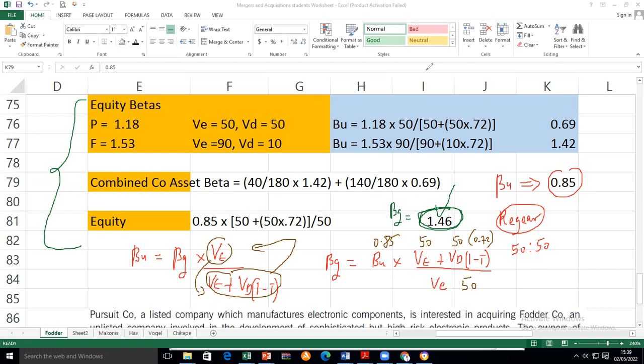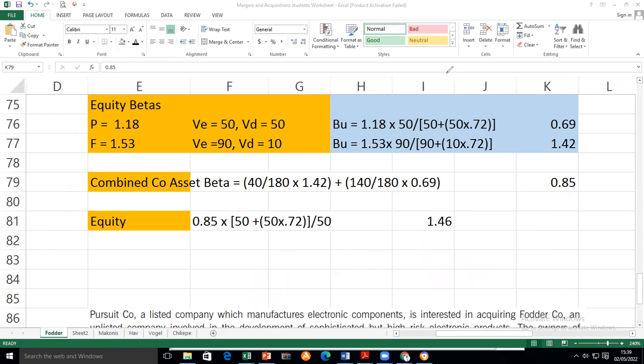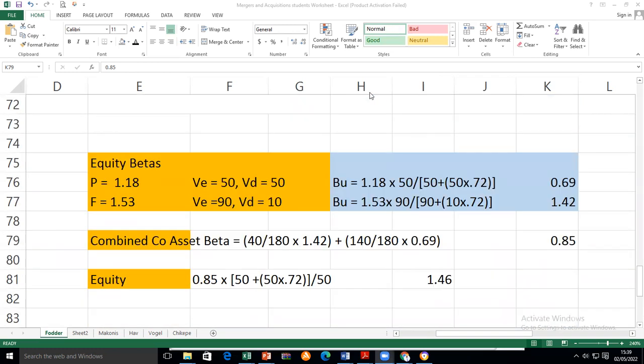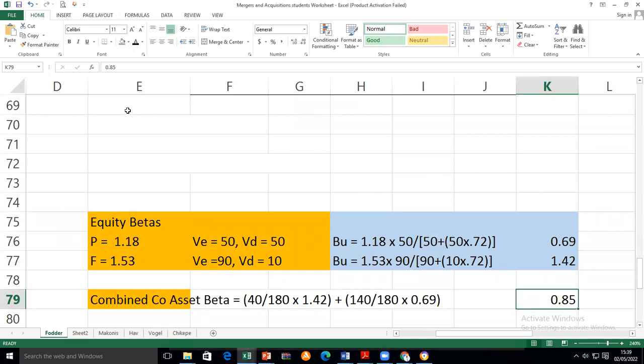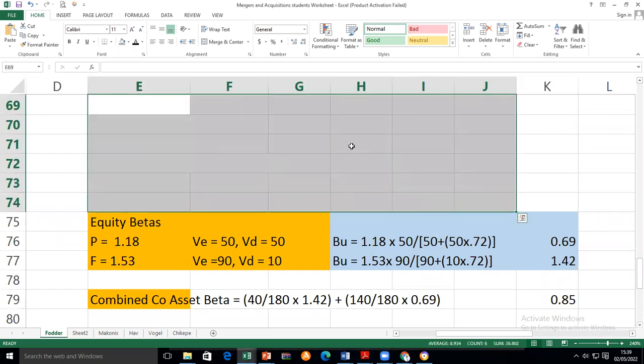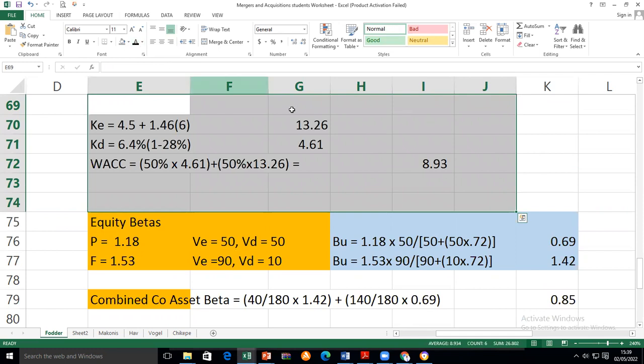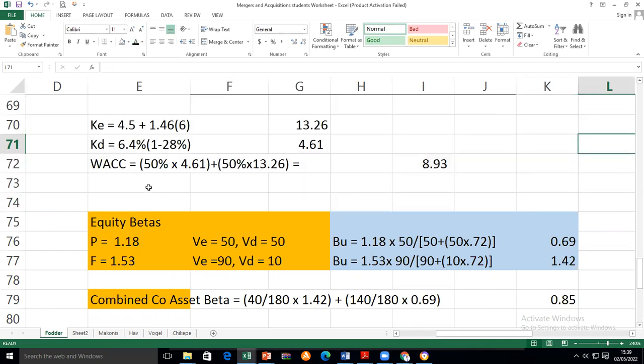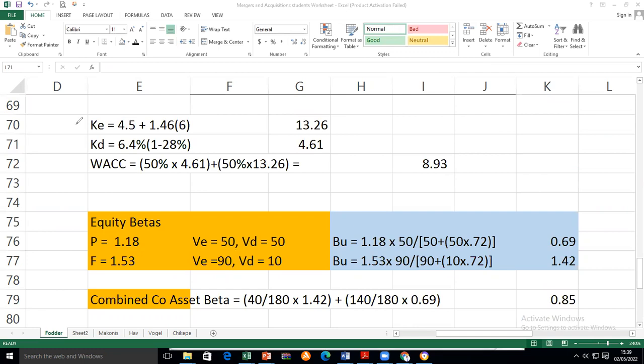So where do we take this small figure which has taken all our time? We bring it now to our final computations. With that 1.46 now, we can comfortably calculate what?